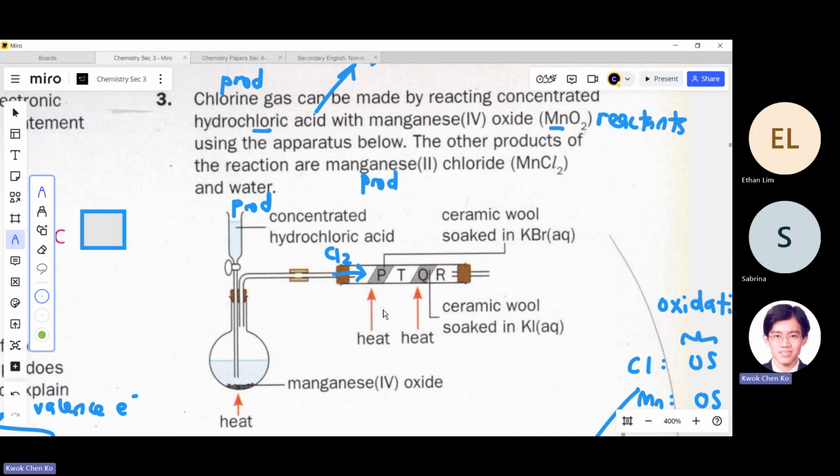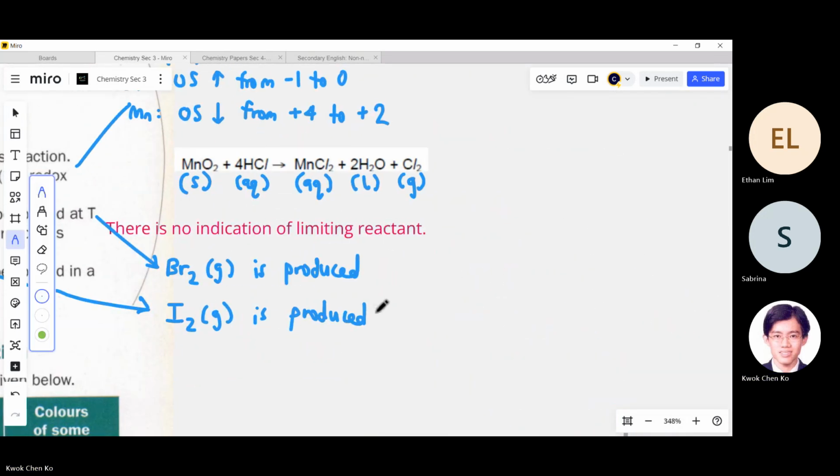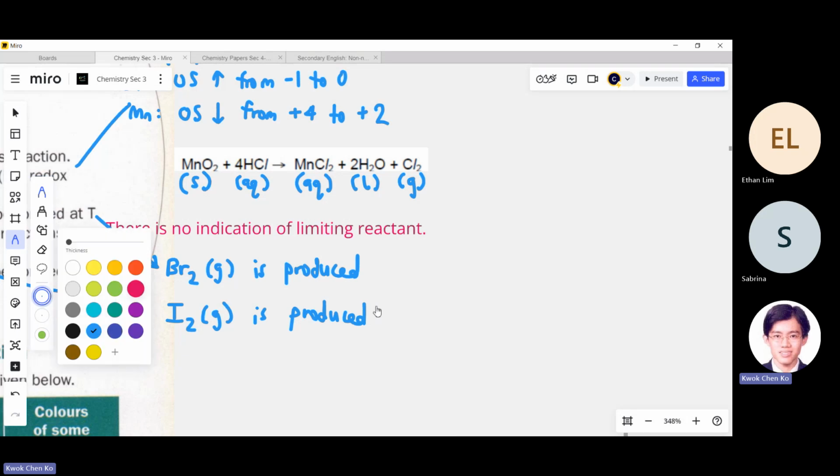It's a gas, so it's going to get transferred here. What else is there? KBr. Okay. So they are going to react. Okay, so make sure you know this. I'm confident it's going to come out.